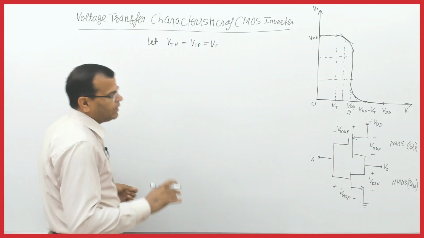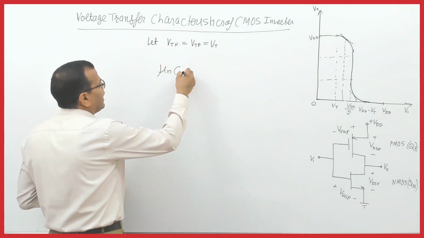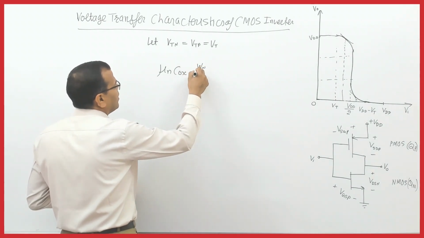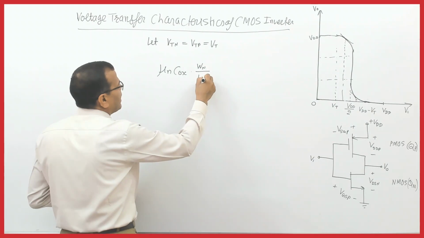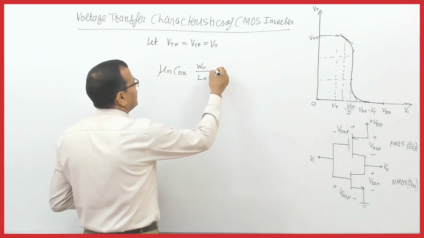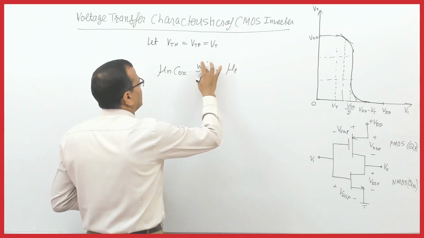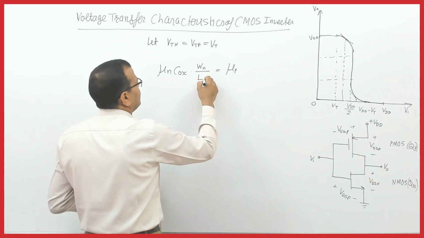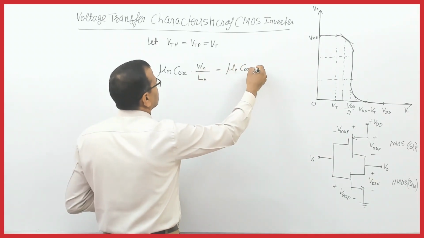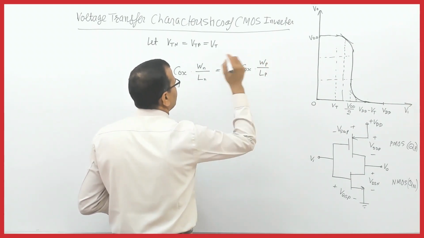That is nothing but mu n C naught x into Wn by Ln is the same as mu p C naught x into Wp by Lp.